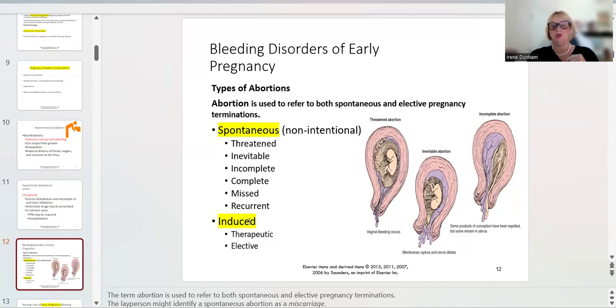Now, when you have an induced AB, that means it's more of an elective induction, more intentional. It may be because the baby is incompatible with life. Remember I told you she had amniocentesis. They found out that there was something wrong with the fetus, and so she opted to abort this baby.